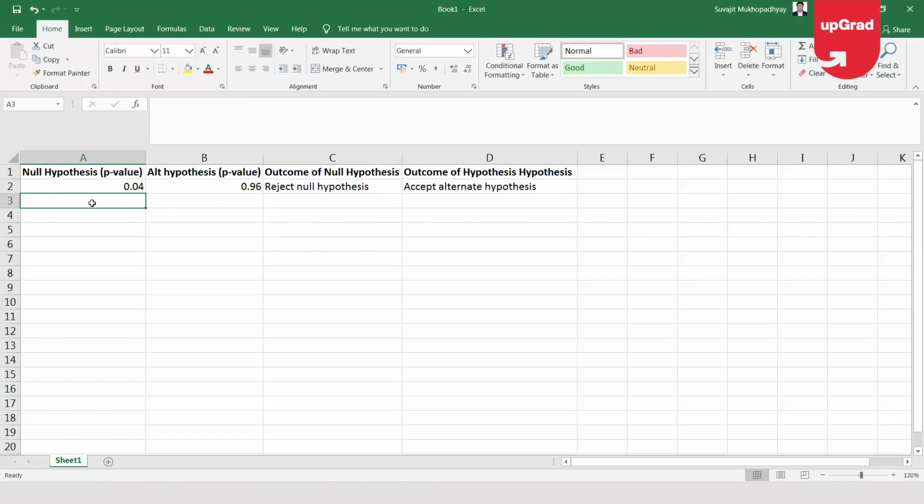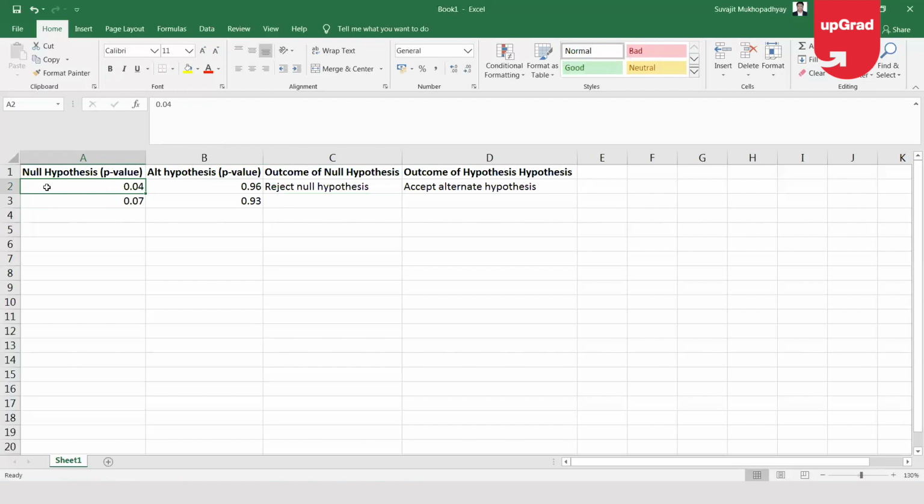So now let's take another scenario, or rather let me put it, say 0.07. So this becomes 0.93, right?